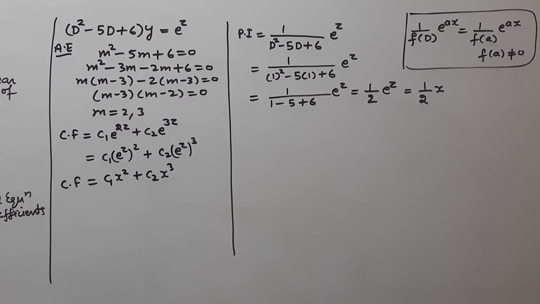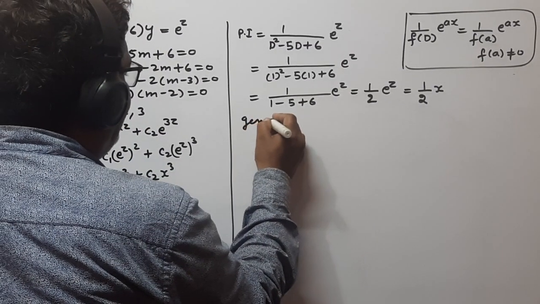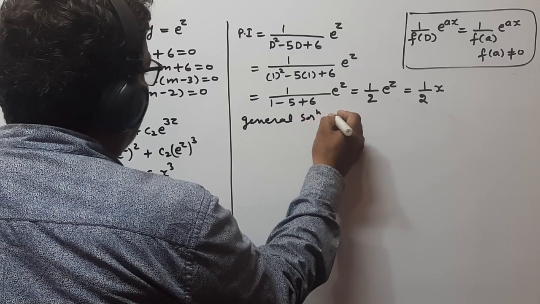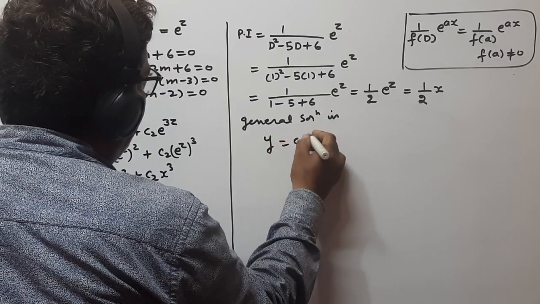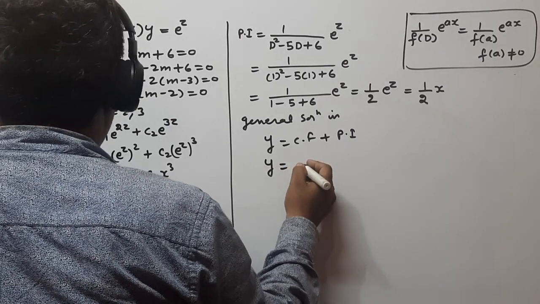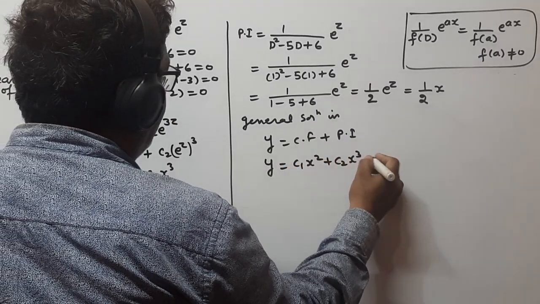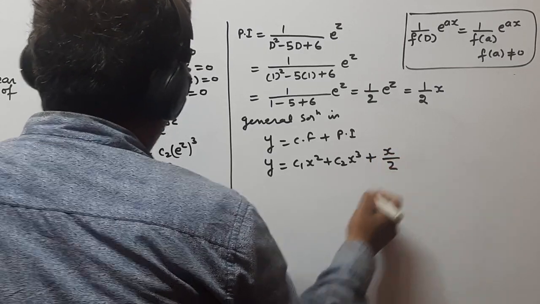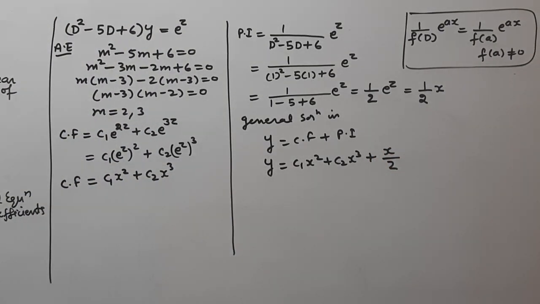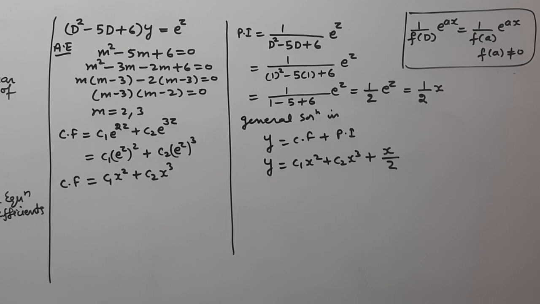The general solution is y is equal to complementary function plus particular integral. The complementary function is c1 x square plus c2 x cube, plus the particular integral x upon 2. So this is the general solution of the given homogeneous linear differential equation.